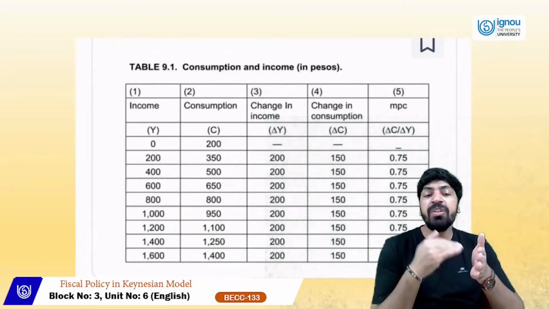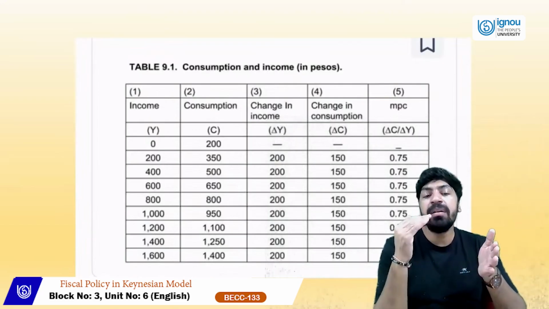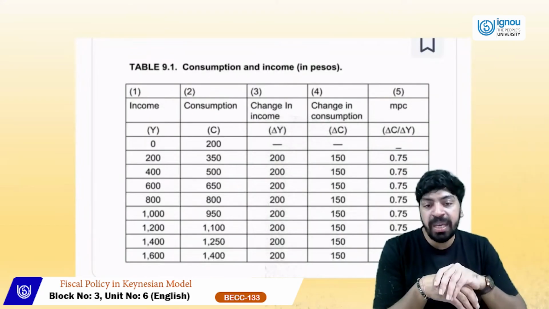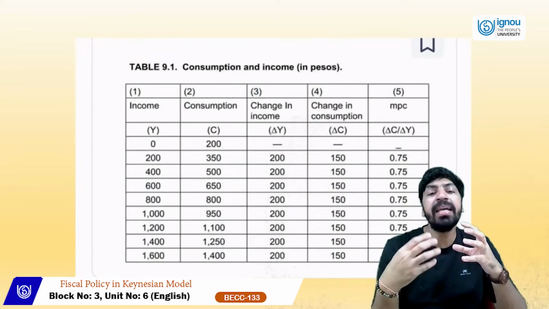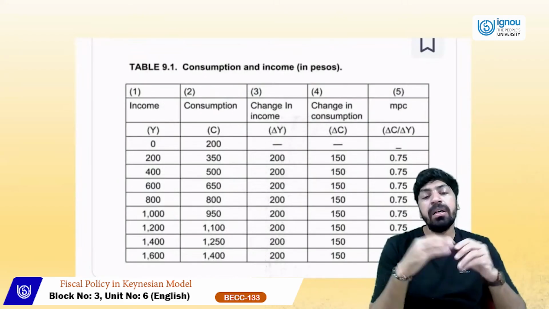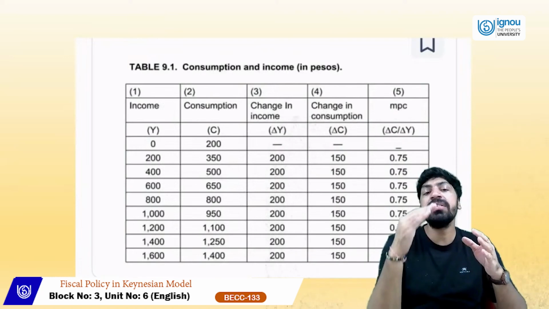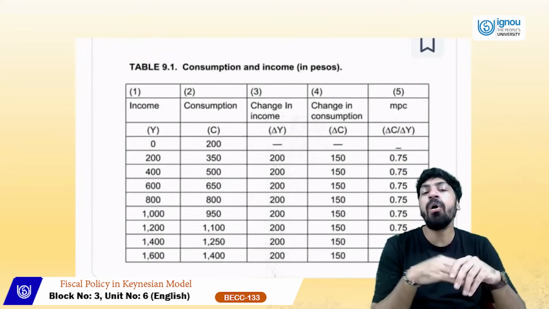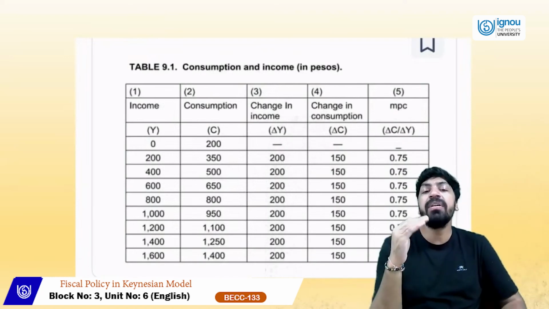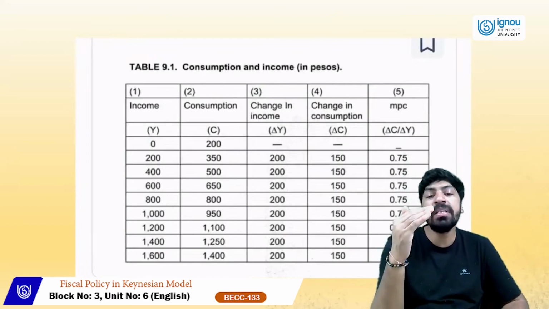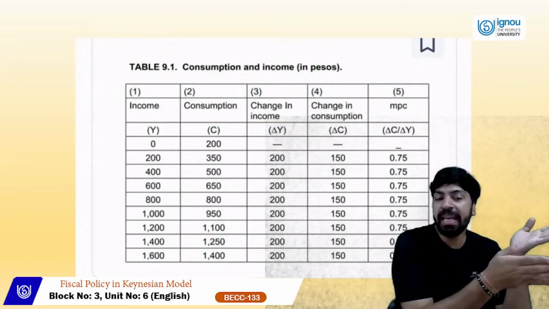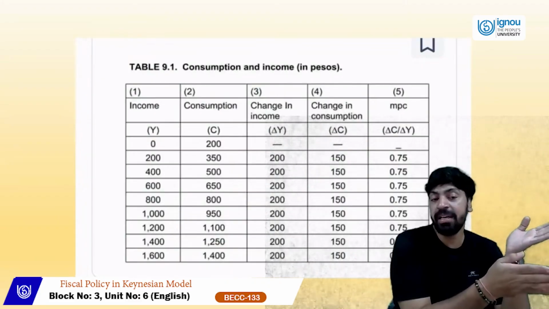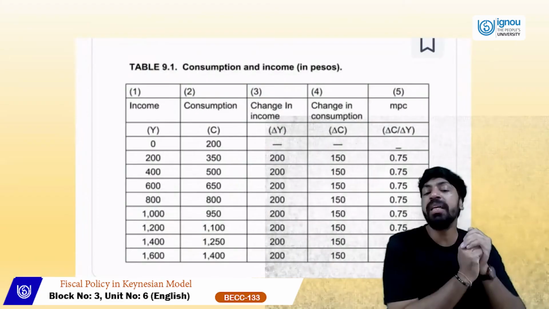That means if your income is more than 800 rupees, your consumption will become slightly lower compared to the income level which is less than 800.